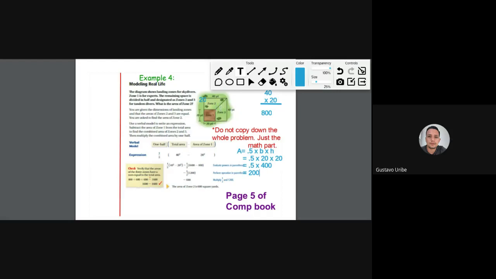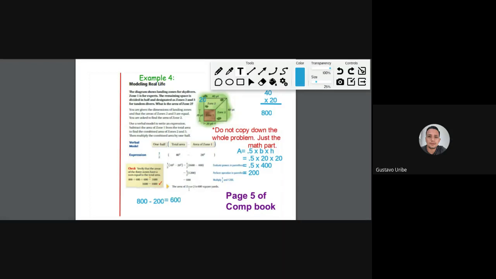To find the area of zone 2, I subtract from 800 the 200, because I am taking off this triangle so that I just have the area of zone 2. If I subtract these, it gives me 600.